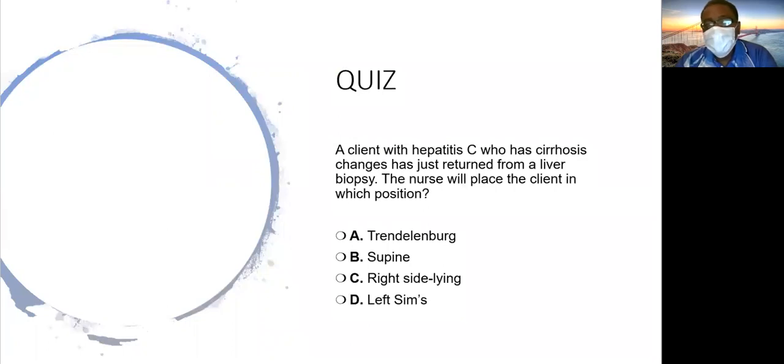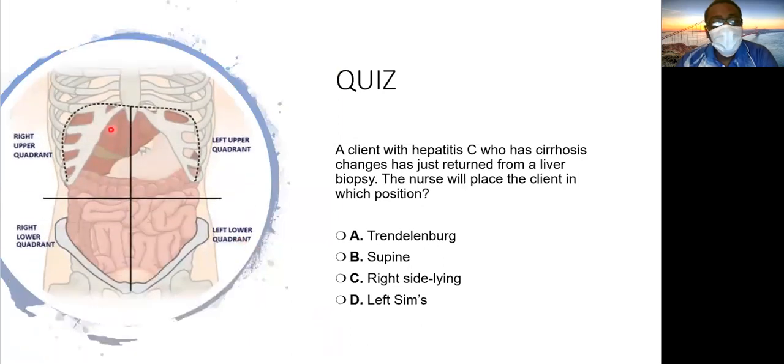Okay, so if we go back to the question again, we know that cirrhosis is a late stage of fibrosis or scarring of the liver that is caused by many forms of liver diseases and conditions like hepatitis and chronic alcoholism. So if we look at all of the positions and we look at where the liver is located, in the right upper quadrant, I want to keep my patient on the right side-lying.